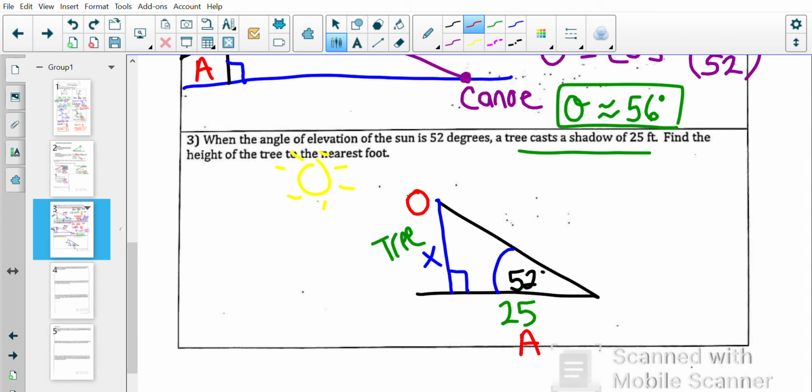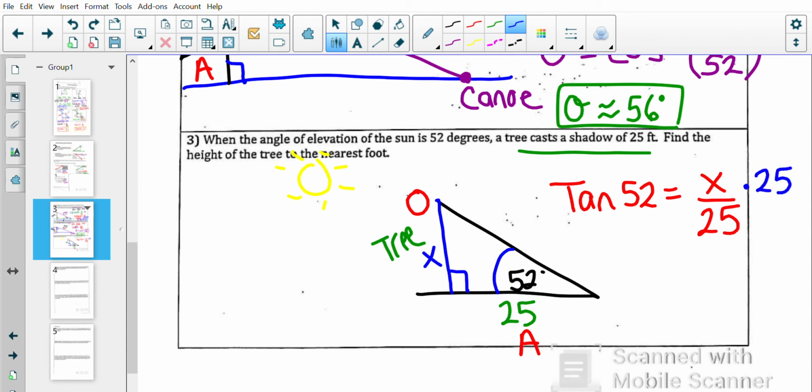So which trig function are we using? So TOA, right? O and A, TOA. So this is going to be tangent 52 is equal to opposite x over adjacent, which is 25. Now we're not solving for an angle, so we are not pressing the second tan. This time we're going to multiply by 25 on both sides.